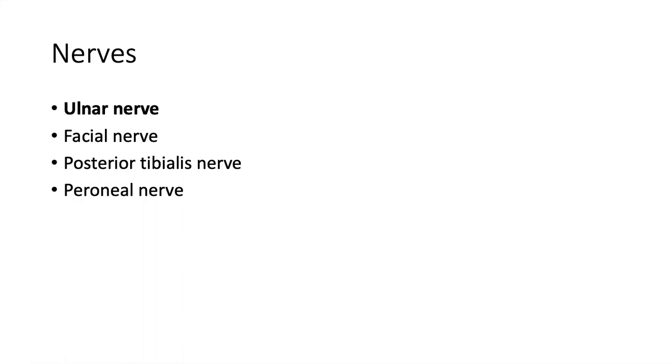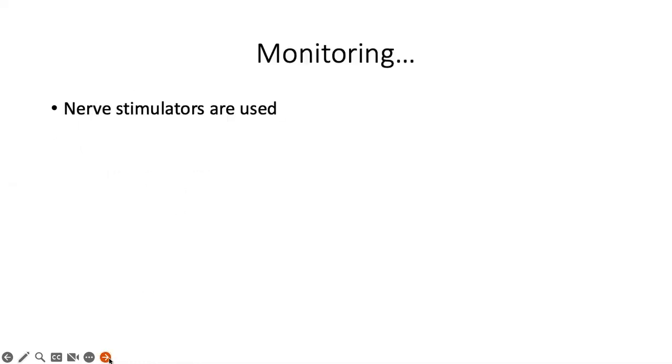We can also use the posterior tibialis nerve and the peroneal nerve. In this presentation, I'm going to show you when we stimulate the ulnar, the facial, and the posterior tibialis. Peroneal, I don't have slides on that, but it's another nerve that you can also stimulate.